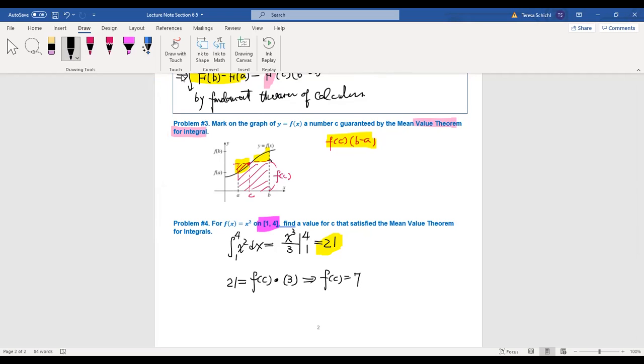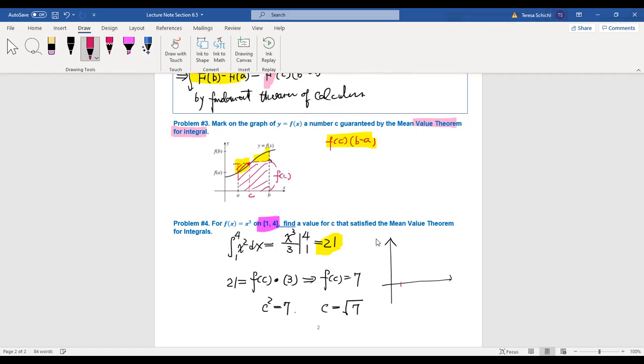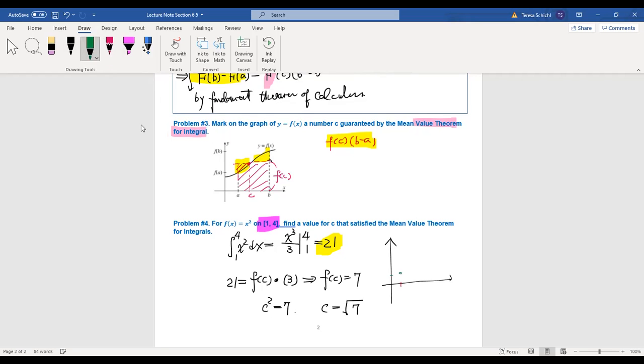So where is the c value? I know c squared is equal to 7, so c is equal to the square root of 7. When you take the square root it will be plus or minus, but the minus is not going to be in the interval from 1 to 4. For this function x squared, at x equal to 1 it is 1, and at 4 it is 16.